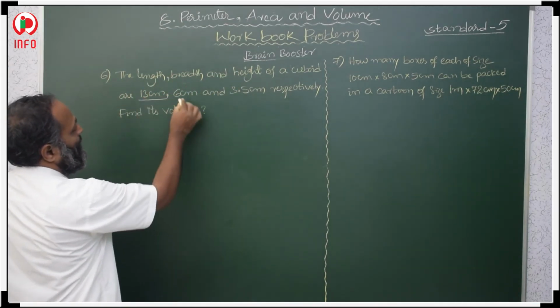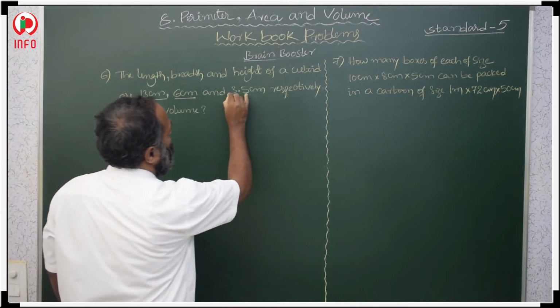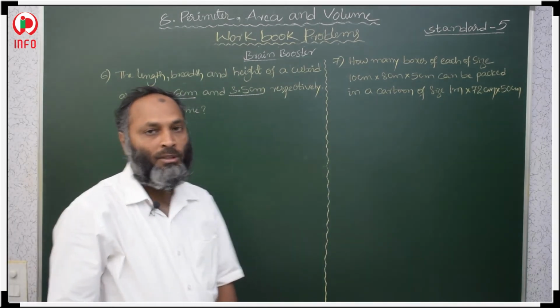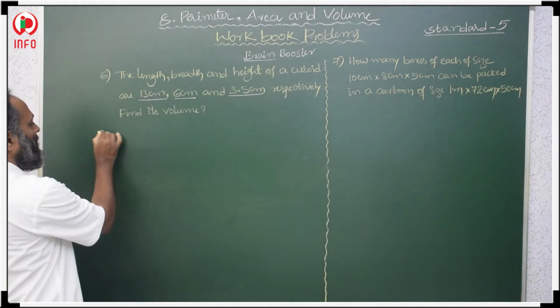Now see here, the length, breadth and height of a cuboid are given. Length is 13, breadth is 6 centimeters and height is 3.5 centimeters respectively. Find its volume. Again the same, length into breadth into height.